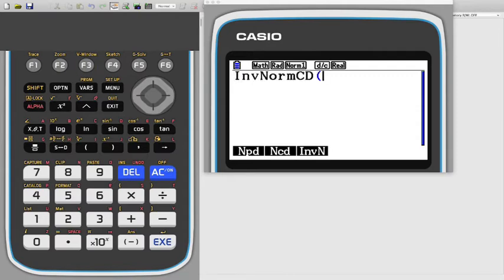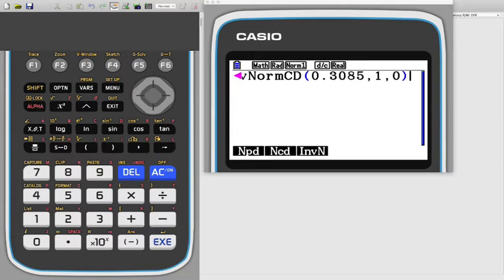The parameters are the area, 0.3085. You have to put a comma. The interesting thing is you put the standard deviation next, and we're looking at the standard normal variable, so it's 1. And then the mean. It seems a bit strange to me, but that's the way it is.